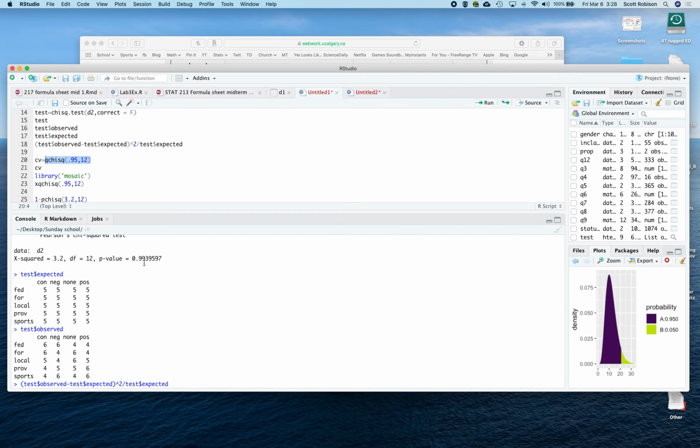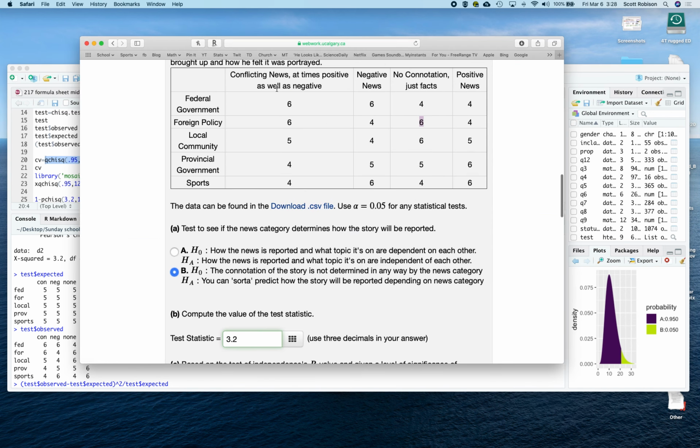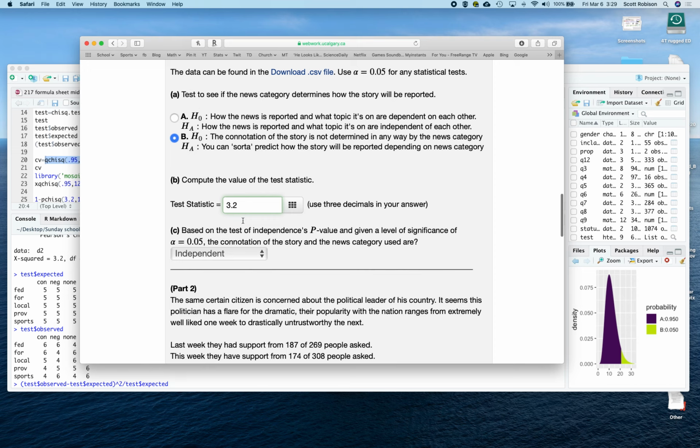And what I've done here is I've got a big p-value, so I'm going to fail to reject the null hypothesis, which means based on this data, it doesn't look like there's a relationship between what kind of news and how it is reported. So it does appear, because the p-value is so high in this particular example, that these two factors are independent of each other.